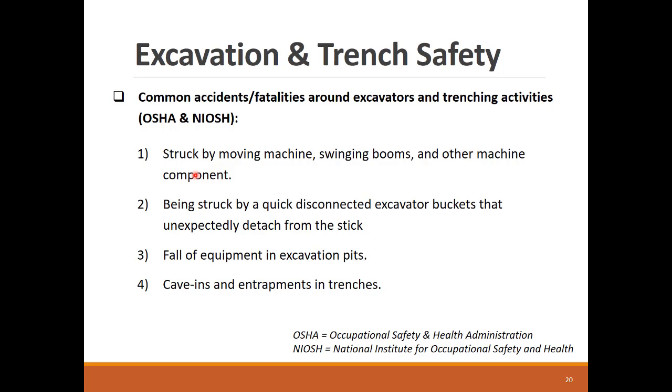This list is based on the safety data that are collected by OSHA, or the Occupational Safety and Health Administration, and NIOSH, National Institute of Occupational Safety and Health. Being struck by a moving equipment or detached parts is the main safety hazard around excavators.